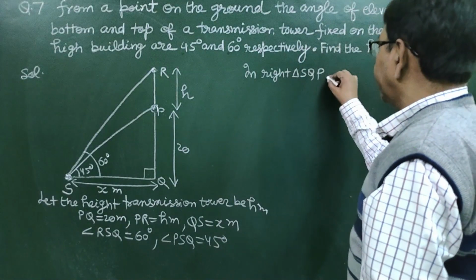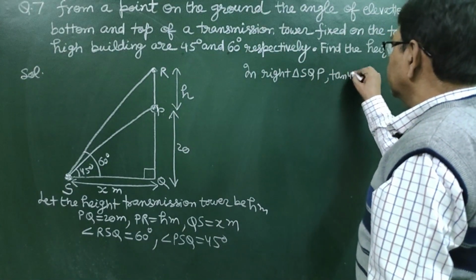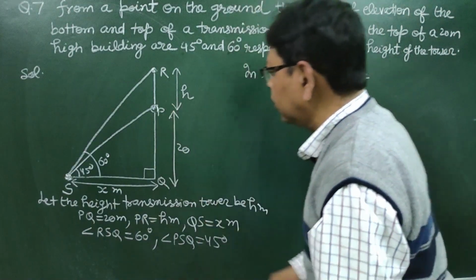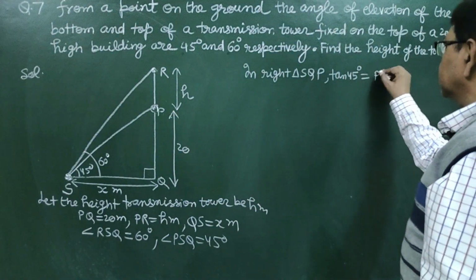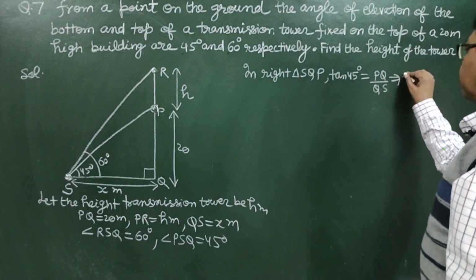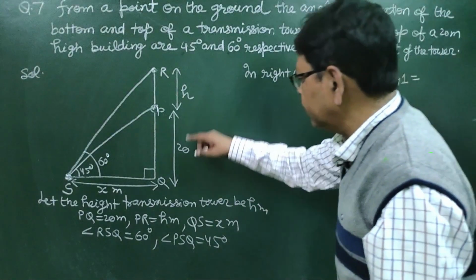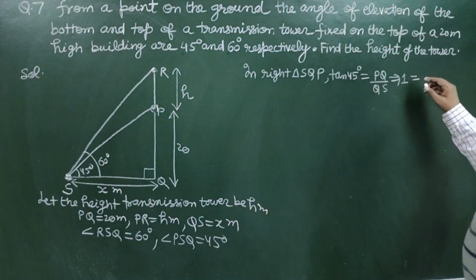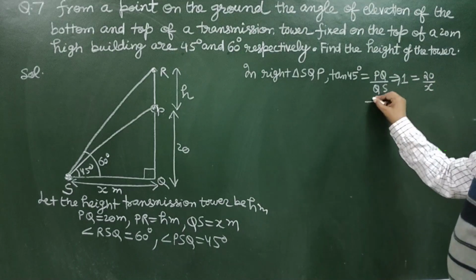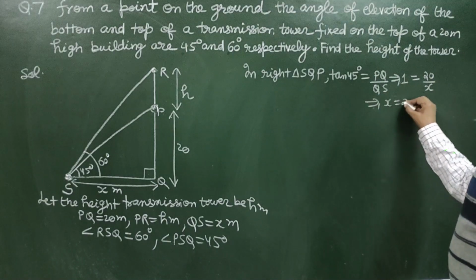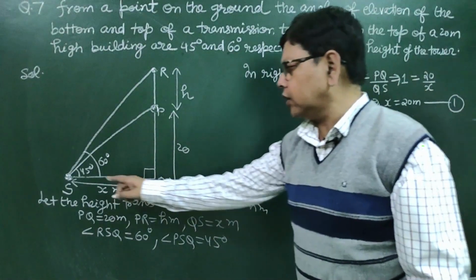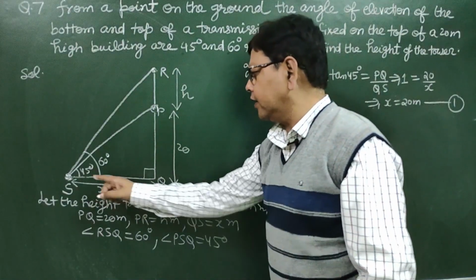So tan 45 is equal to perpendicular, that is for this triangle PQ upon QS, which implies that tan 45 is 1, PQ is given 20 meter, height of the building, upon X. So this gives X is equal to 20 meter. So we have got the base of this triangle.